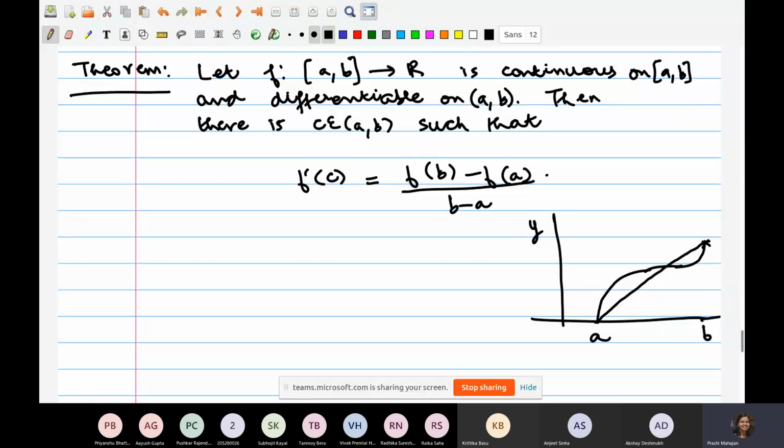It is saying that there is some point c in the open interval (a, b) such that the slope of the tangent line to the graph of f at the point c must be the same as the slope of the line joining (a, f(a)) and (b, f(b)). Correct? So in this picture that I've drawn, there are actually 2 points. Is this okay? Is everybody with me? Yes, ma'am.